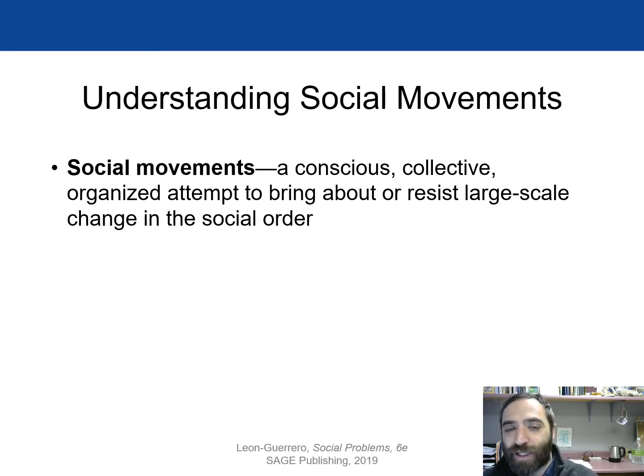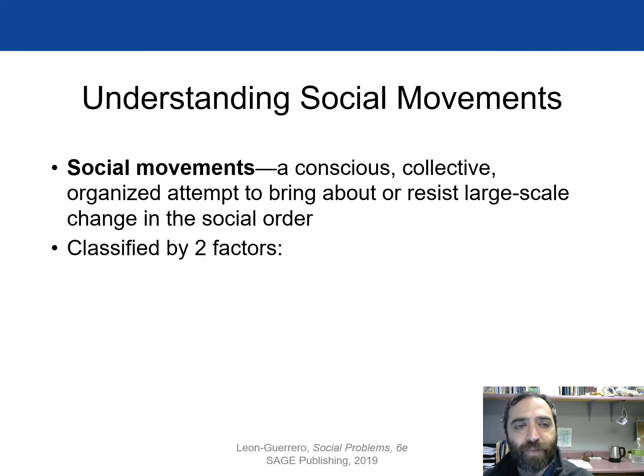It's on purpose. That's what conscious means. An organized attempt to bring about or resist large-scale change to the social order. And so I could just be maintaining what used to be, or changing what is into something different in the future. So that's what a social movement is.